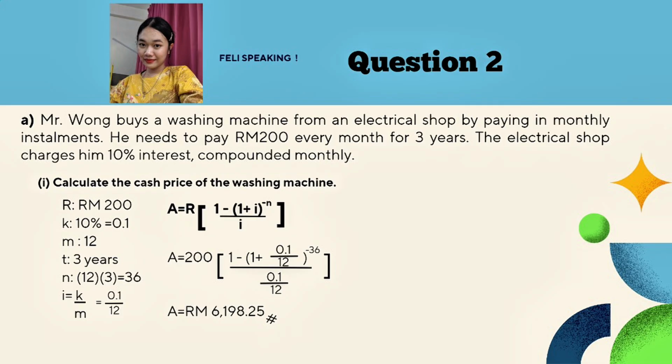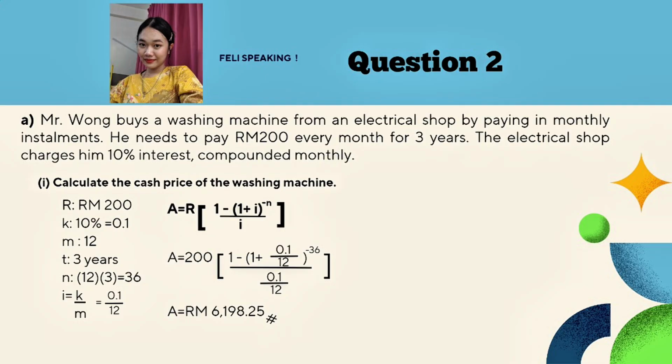We are going to use A, the present value formula. The R is 200. And then open the bracket, 1 minus, and then open another bracket, 1 plus I. I is K divided by M. So it's 0.1 over 12. And then close the bracket.